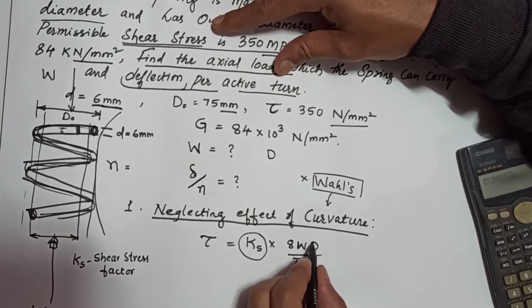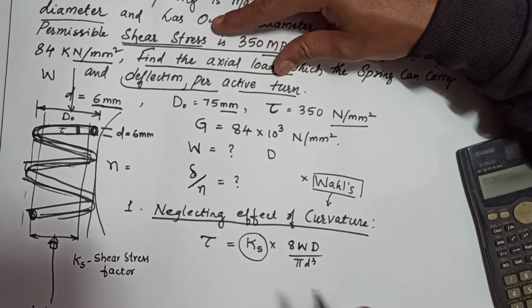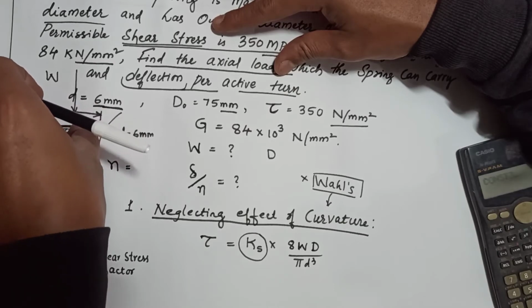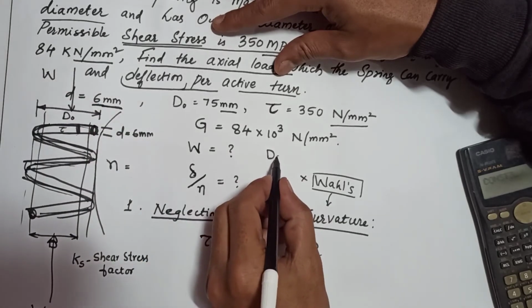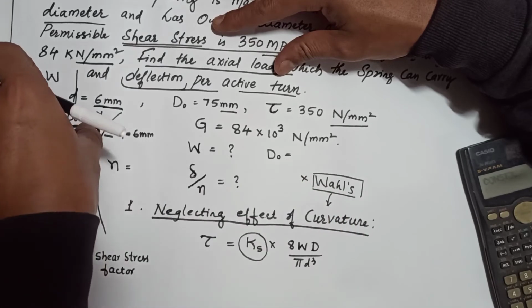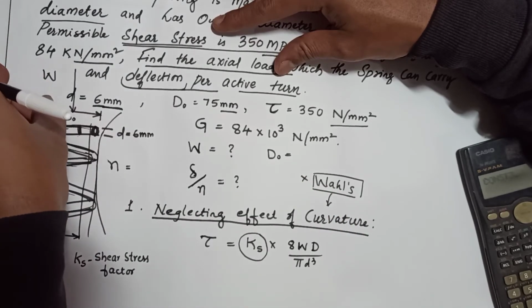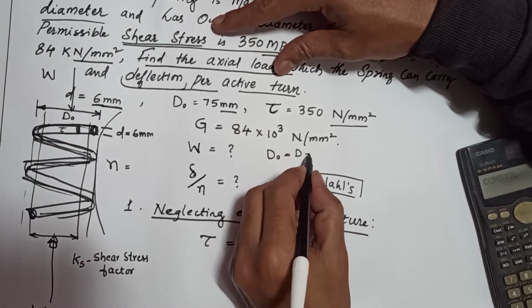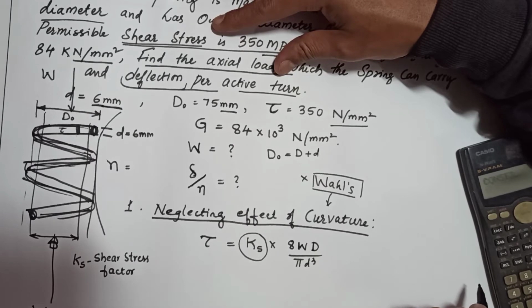So what is D, the mean diameter? How do we calculate it? First, the equation for the outer diameter: the outer diameter is equal to the inner diameter plus the diameter of the wire. Then you will get the outside diameter, so D plus small d you can write.